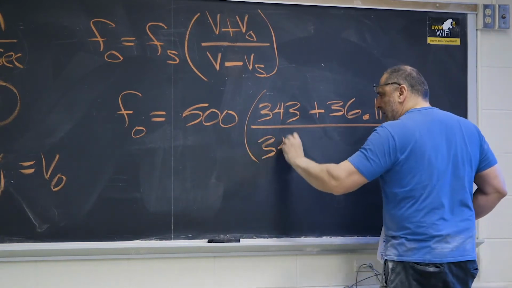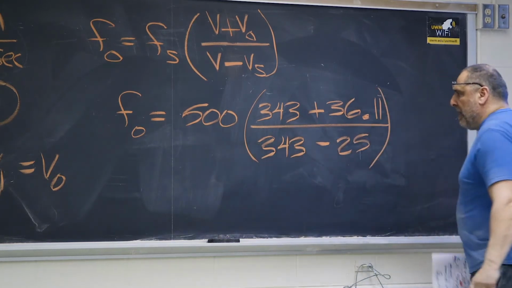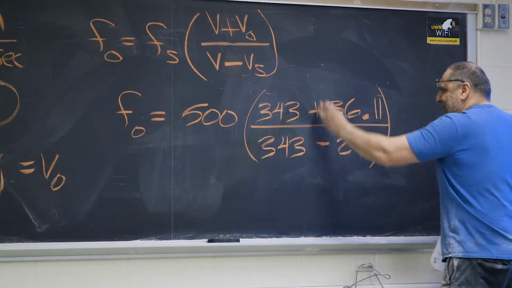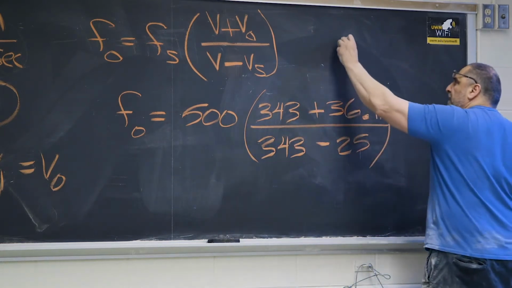The slow guy, minus 25. The rest is math. Round out the answer. You know it's definitely going to be bigger than 1, and bigger than 1 times 500 is going to be more than 500.